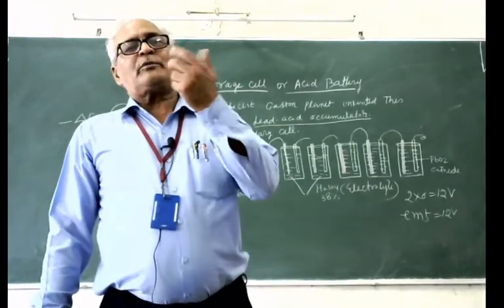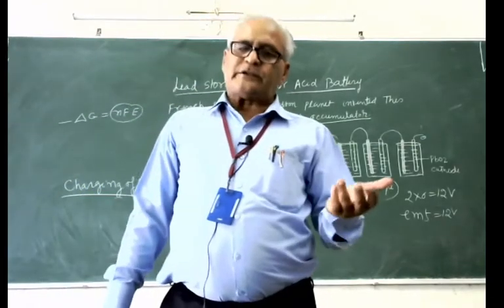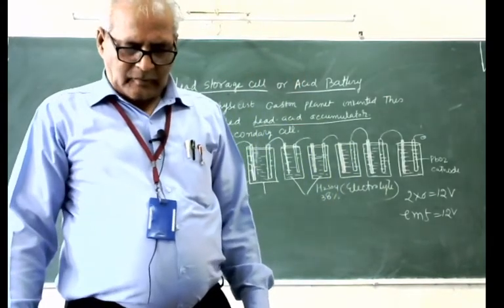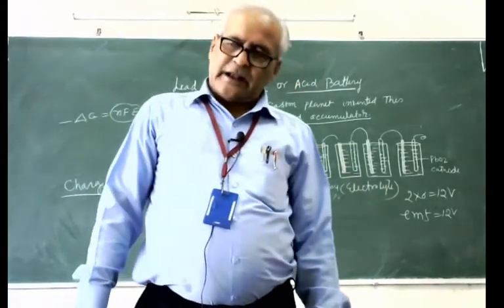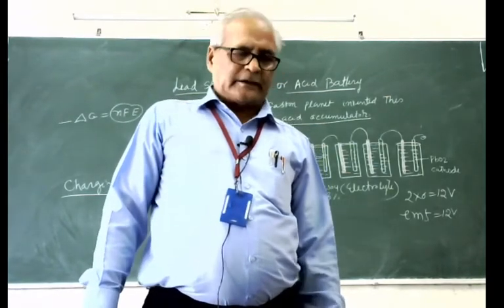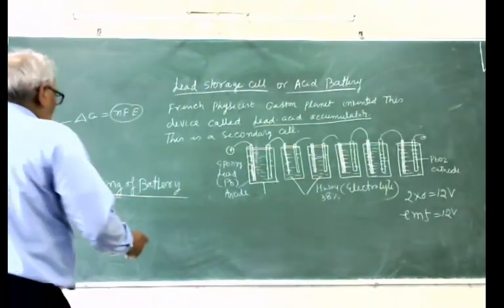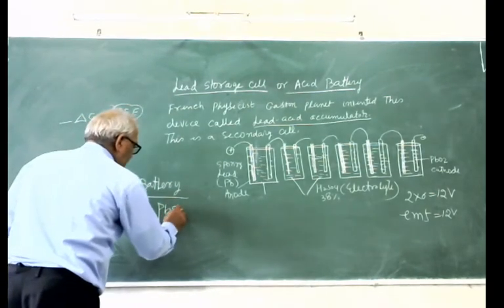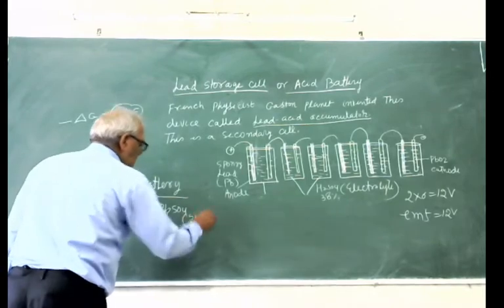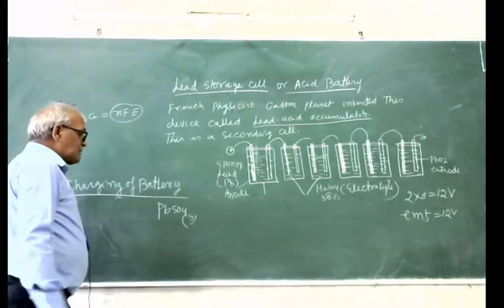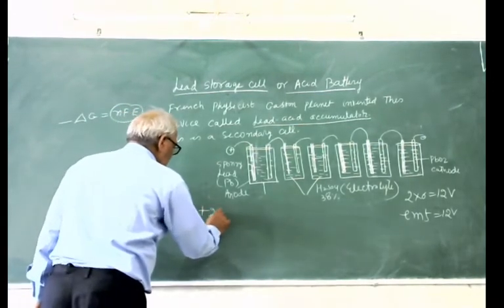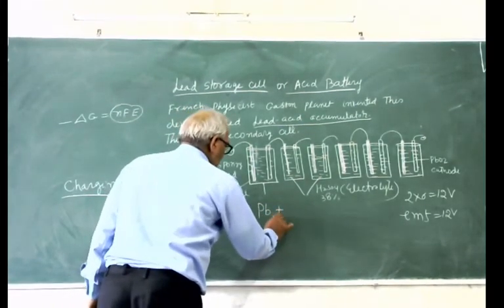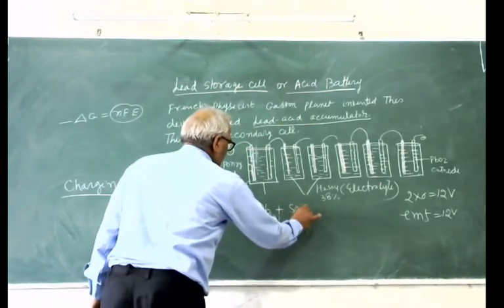So what is the reverse reaction? Lead sulfate will change into lead, as well as lead sulfate will change into lead oxide. So just see here, during the charging, lead sulfate formed in the discharging of the battery plus electrons, you will get solid lead plus sulfate ion.